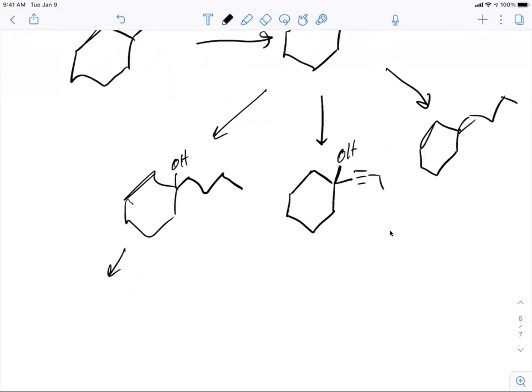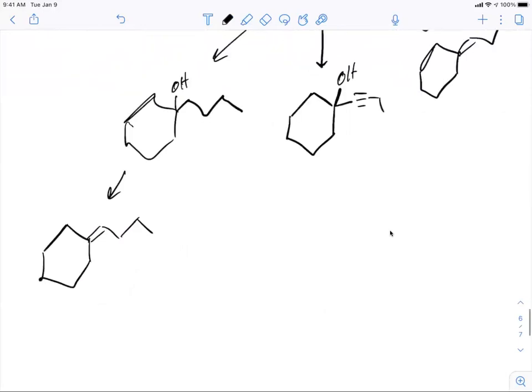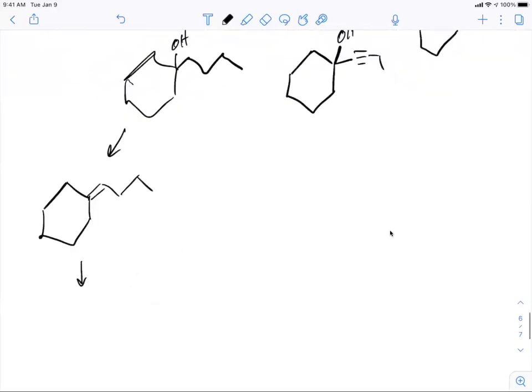Well, this one, to get that OH off of there, we'd probably have to go to the double bond species, right? And from there, we could go to the alkane.